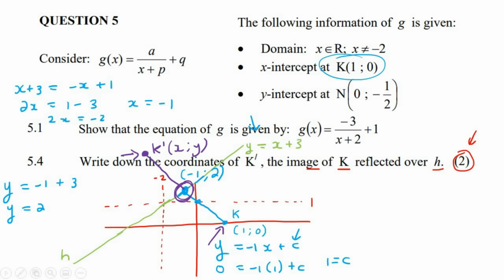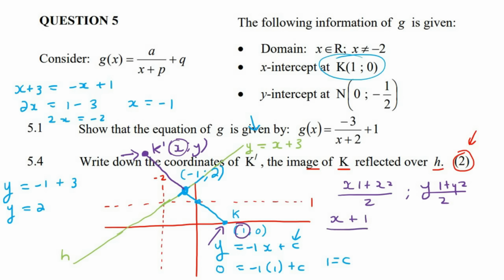So we could use the midpoint formula, which is x1 plus x2 over 2 and y1 plus y2 over 2. How would you normally do the midpoint? Well, you would take this x value and add it to this x value, divide that by 2 and you would get your answer. But we already know what the x answer is for the midpoint. It's -1, so we can make that equal to -1.